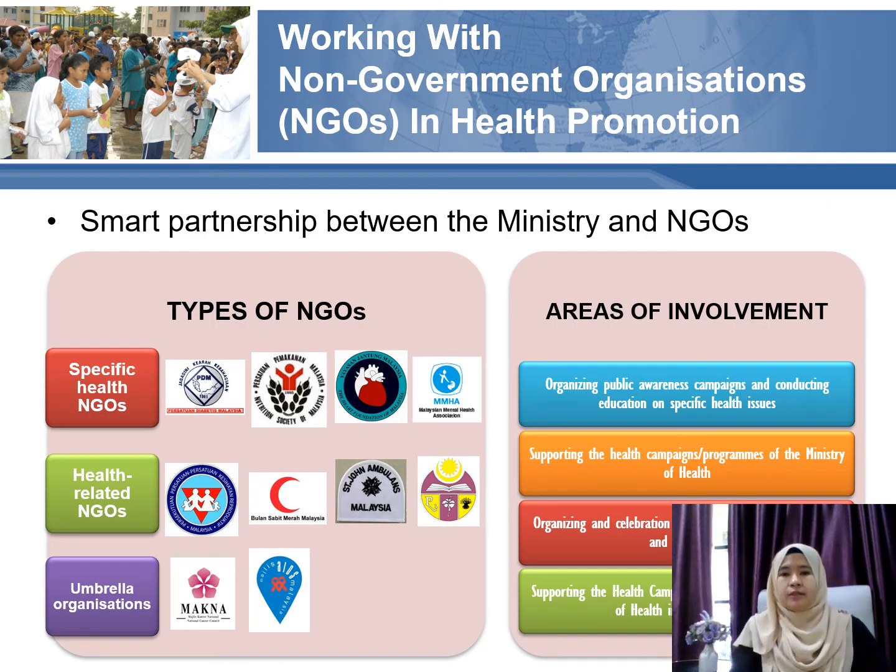So the Ministry of Health is also working with NGOs in health promotion, okay. There's a smart partnership between the ministry and NGOs, okay, with specific health NGOs, for example Nabatna, okay, the health related NGOs, Bulan Sabit Merah and so on, umbrella organisations, okay.